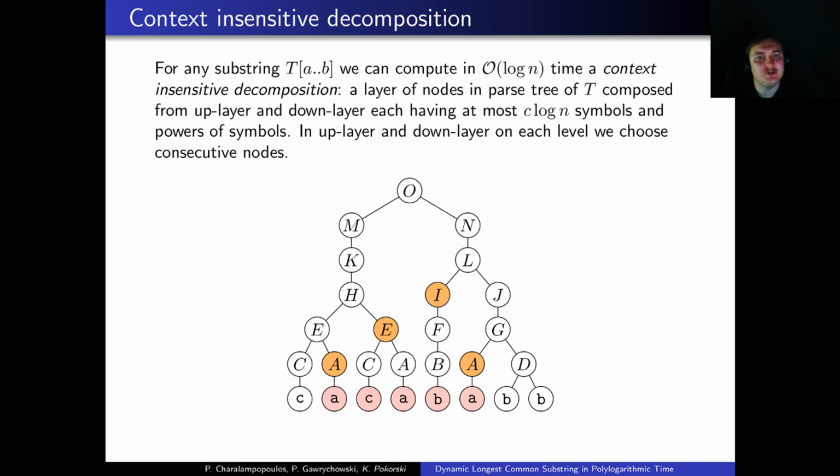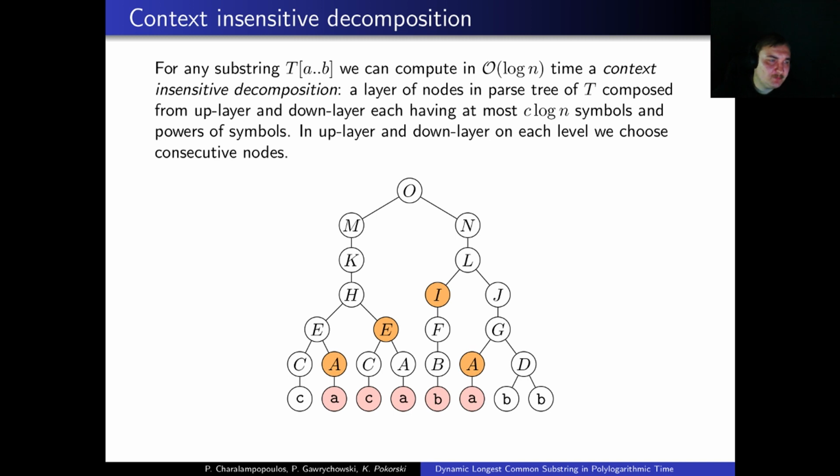This is a little bit technical. Either it's the same, or sometimes there may be some small difference on the borders of this, but let me not get into these details.